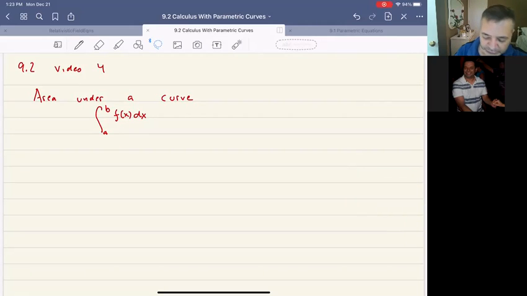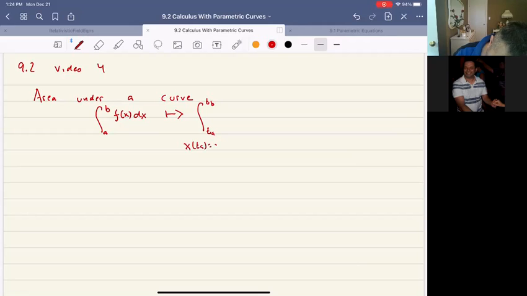So what we would do is switch this, and it goes from some ta to some tb, where x of ta equals a, x of tb equals b, and then it's going to be your y, and instead of dx, it's going to be x prime dt. Let me put some room for the variables, the t, in there.